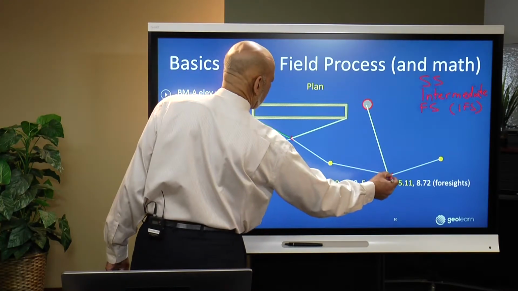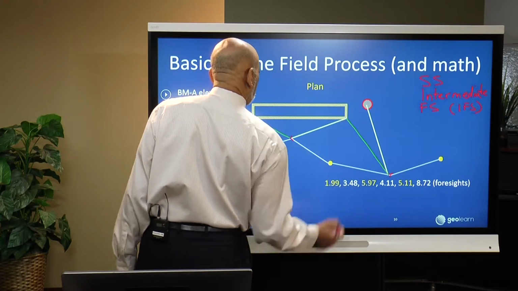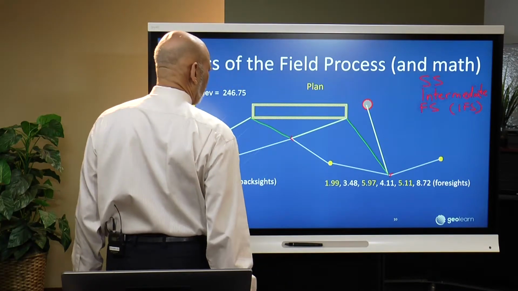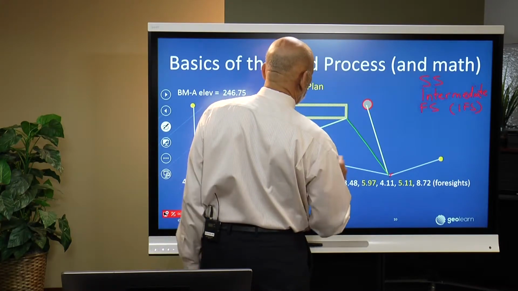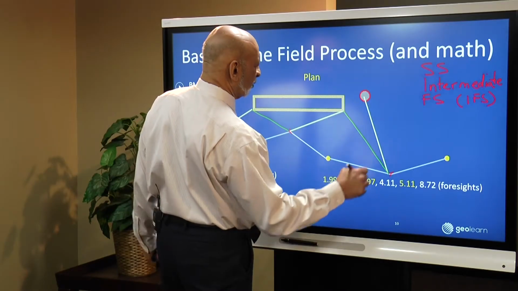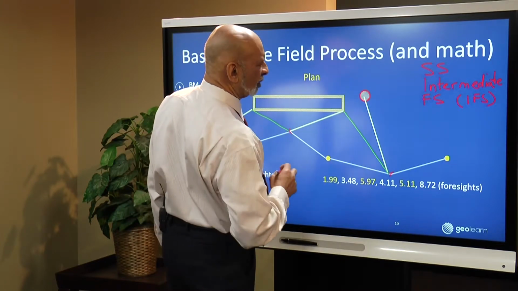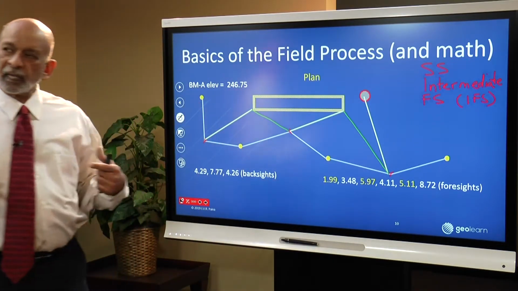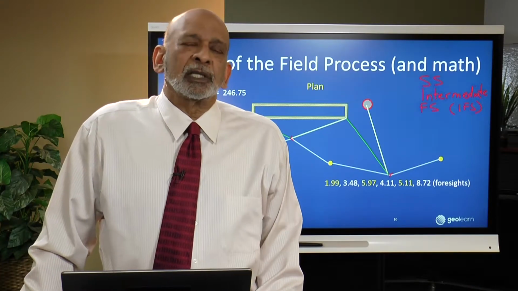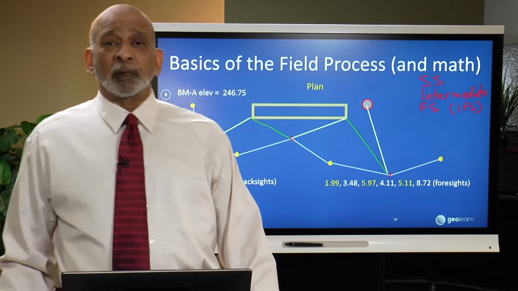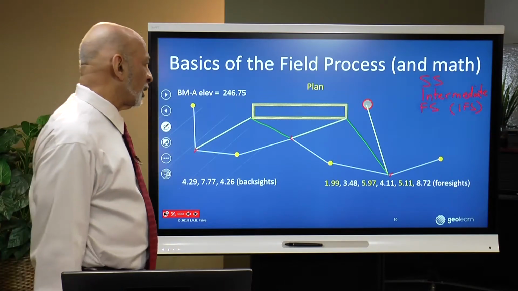When you're set up here, also take a reading to the southeast corner of the building. And when you're set up over here, that might be kind of hard, so it might be impossible, but see if you can figure out some way to take a second foresight reading. So these are like duplicate readings taken from a different setup to the same point, and you should get the same number, at least something extremely close to it.